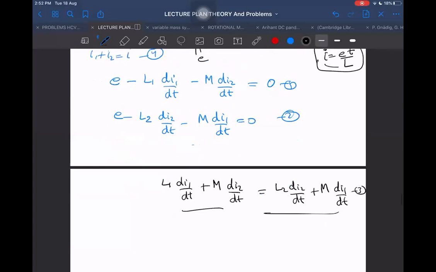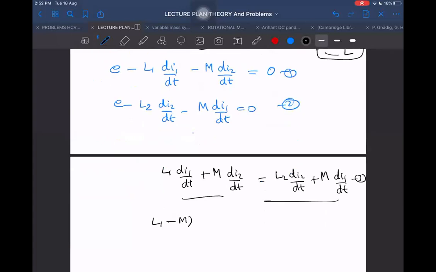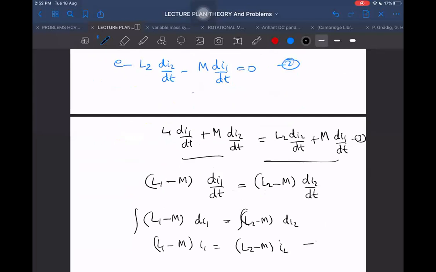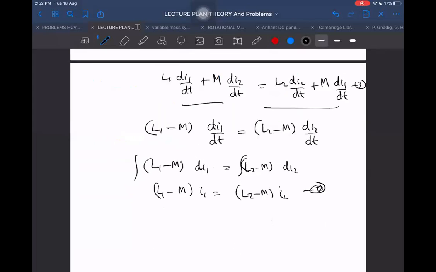From that we get L1 minus M into di1 by dt is equal to L2 minus M into di2 by dt. Then L1 minus M into di1 is equal to L2 minus M into di2. Integrating, L1 minus M into I1 is equal to L2 minus M into I2. This is equation 1, and we already know that I1 plus I2 was equal to I.